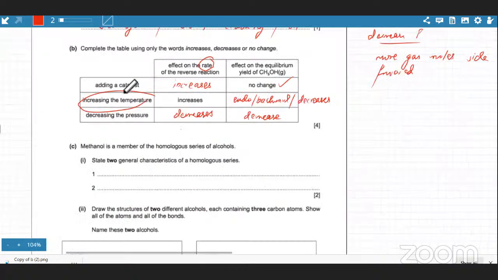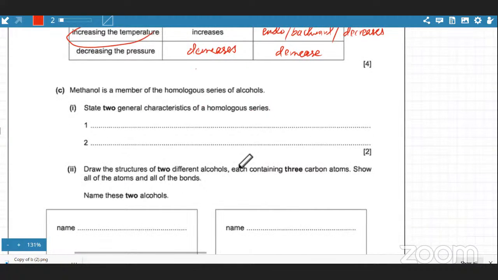The next part of the question is state two general characteristics of homologous series. That's how you classify organic compounds. So they have the same general formula, and the other thing is they have the same functional group.